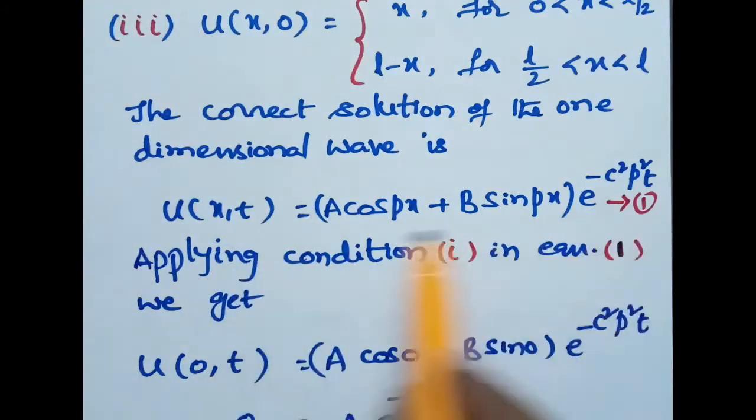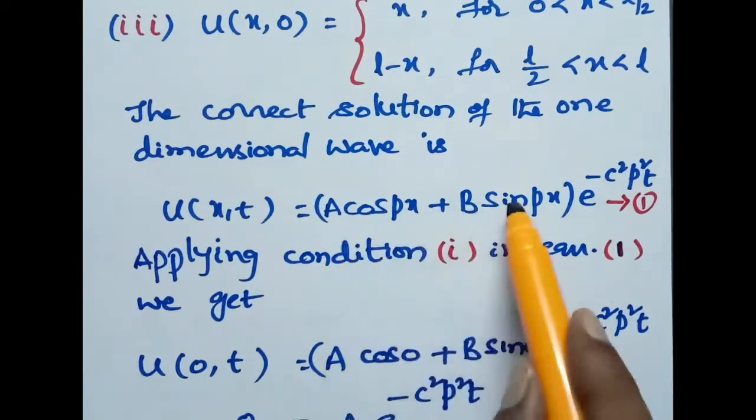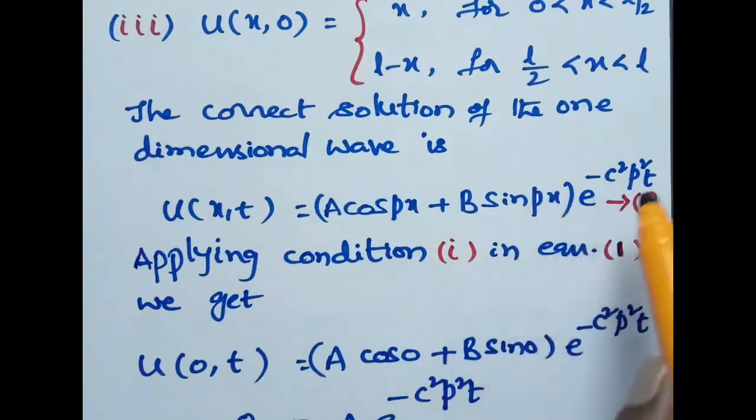Here in equation 1, if a equal to 0, b equal to 0, this is 0 into finite value, 0. So that means the temperature distribution along the rod is 0 at any point at any time. That means this is a trivial solution. That means the experiment is not going on.